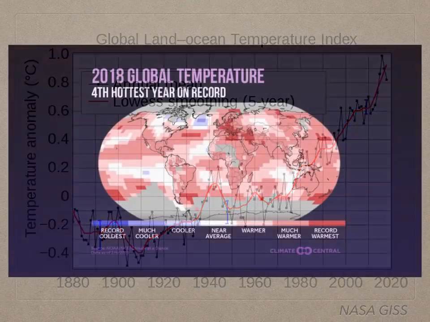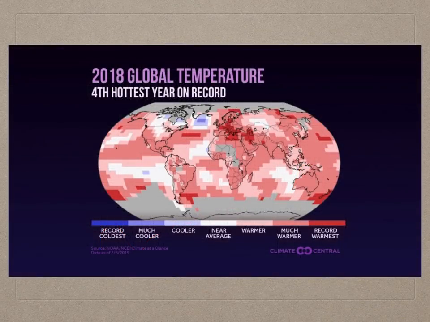If we look at the spatial pattern of that warming as shown in this figure, you can see that for the most part, everywhere on the planet, the warming has been taking place. It's been taking place at different rates. For example, the darker red values in Europe indicate a stronger warming in 2018 compared to the long-term record.